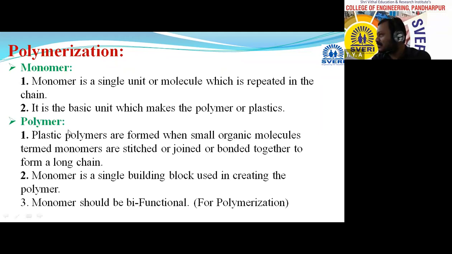For example, I gave you the example of a wall. In the construction of a wall, the brick is the smallest unit and it is repeated. That brick will be the monomer, and when a number of bricks are stitched together, the wall that is formed is your polymer.